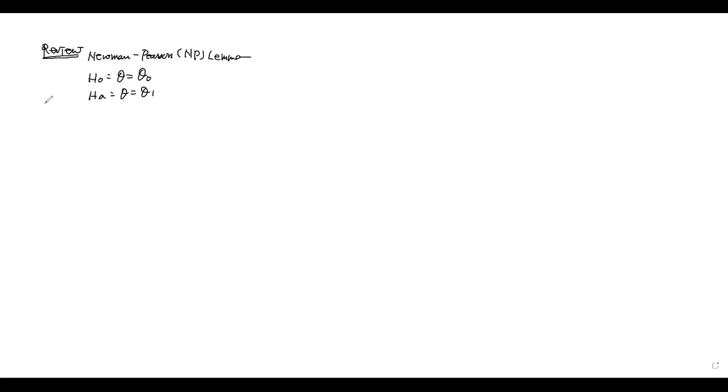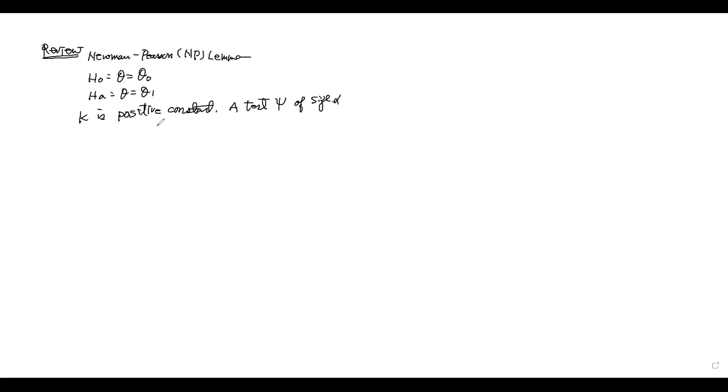Let's say k is a positive constant, and we have a test, which we call phi, of size alpha.